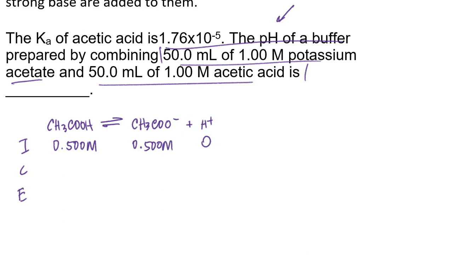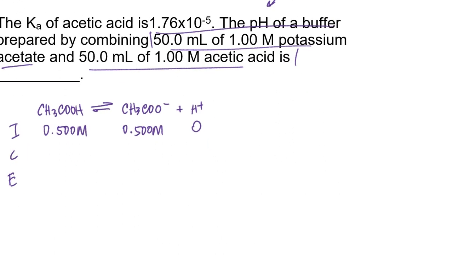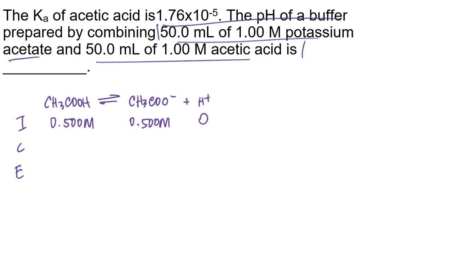If I wanted to calculate the pH of this buffer, then I would do what I did for the common ion effect. Again, because there are no protons present at the start of this equilibrium process, I'm still going to lose some of the acetic acid, but gain acetate and gain protons. That would lead to the following equilibrium concentration expressions.